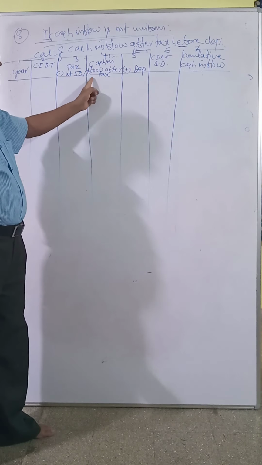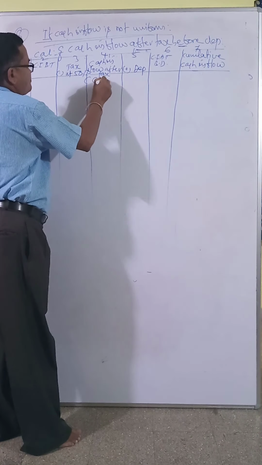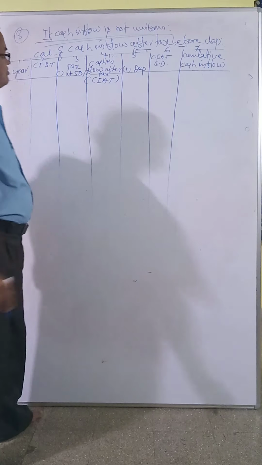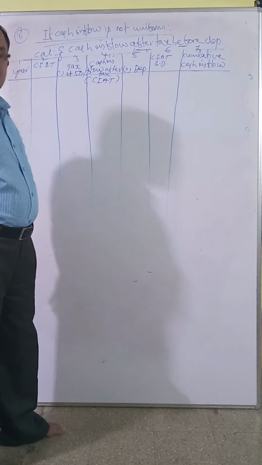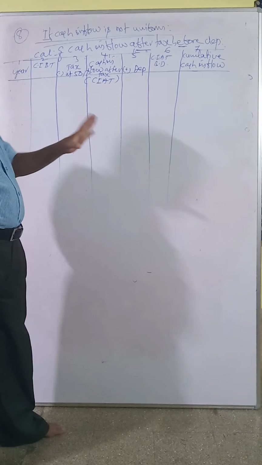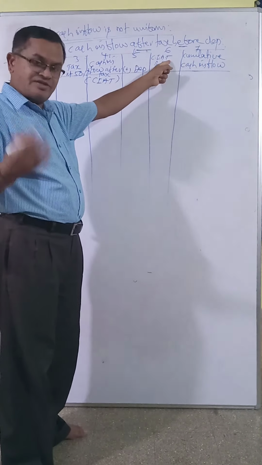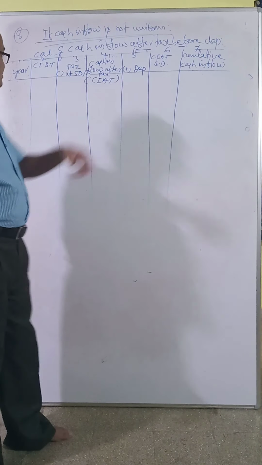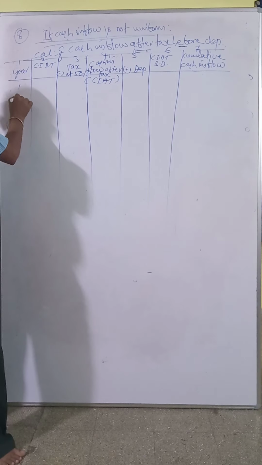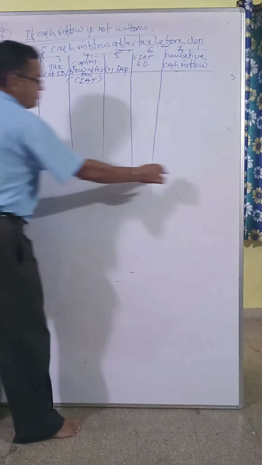You will get cash inflow after tax. Then add depreciation, and you will get cash inflow after tax before depreciation. Here we have 1, 2, 3, 4, 5 years.